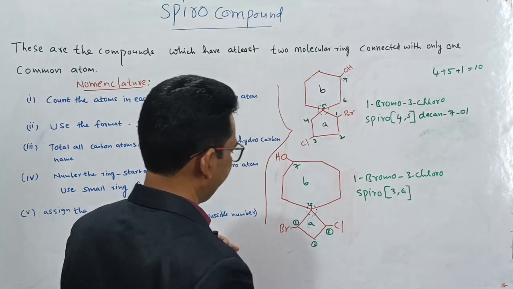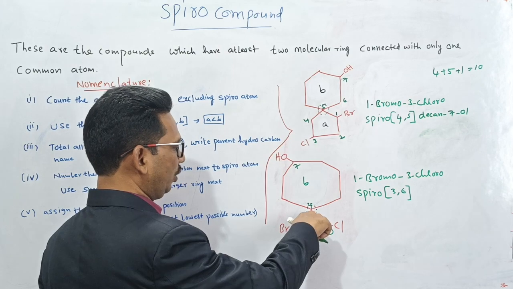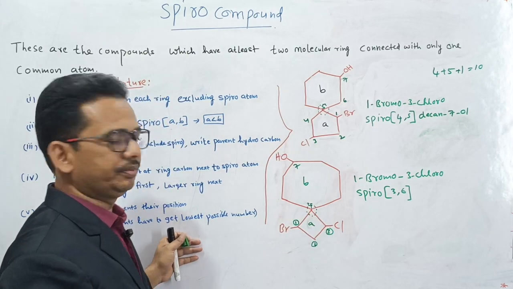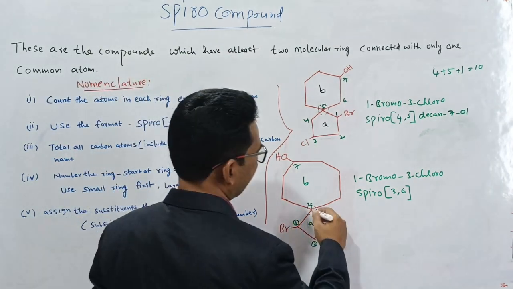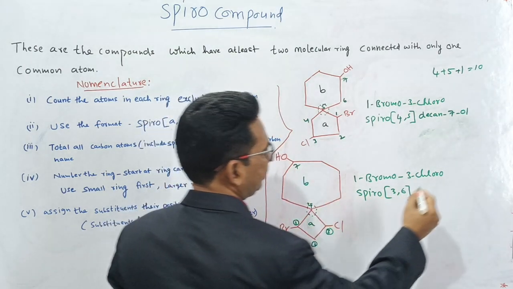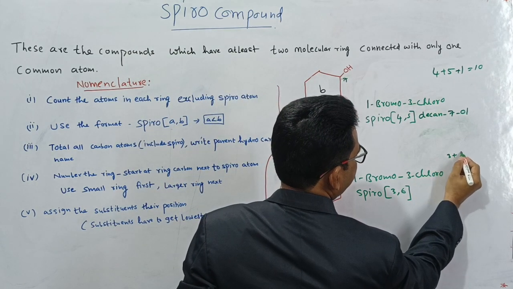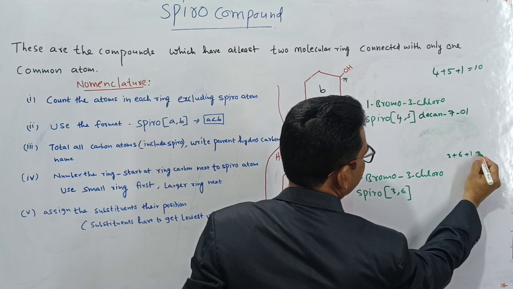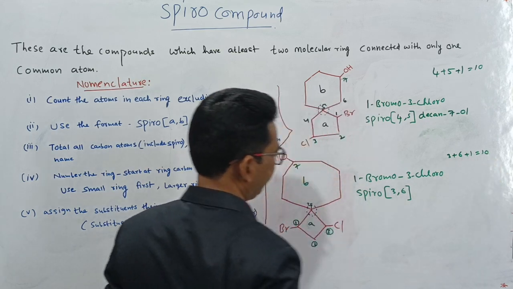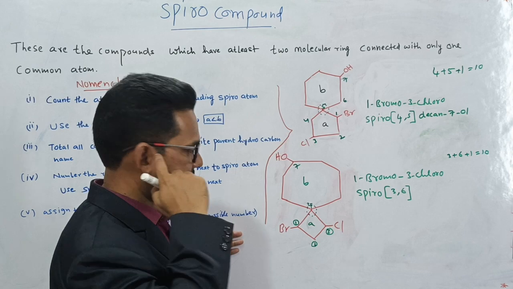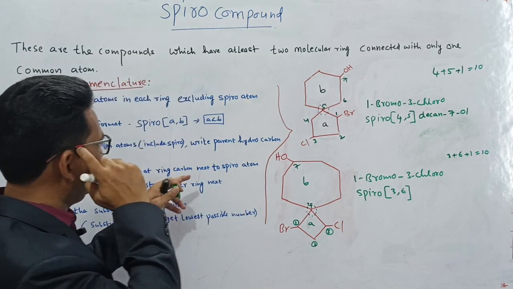Then how many atoms in total, including the Spiro atom? Now we have to include the Spiro atom, which means one atom extra. 3 plus 6 plus 1 is equal to 10. This is also decane. Then what is given here?